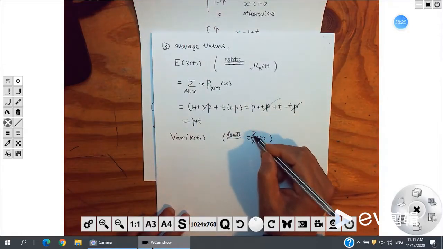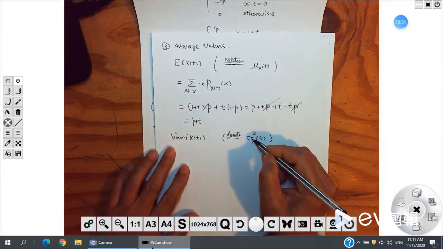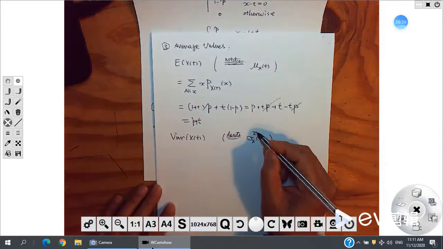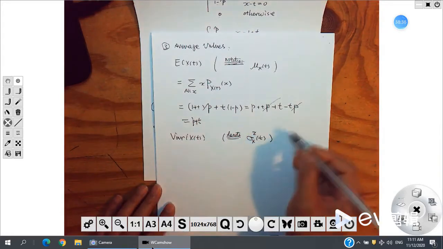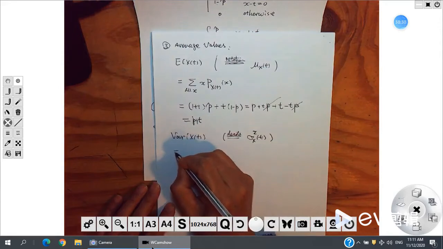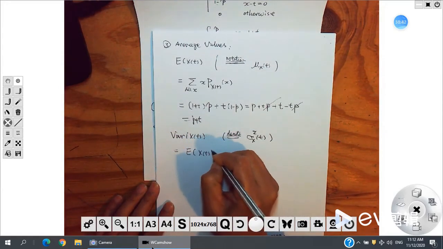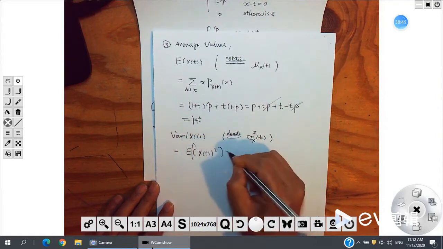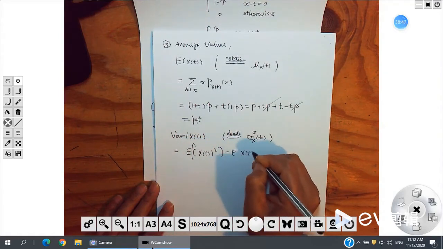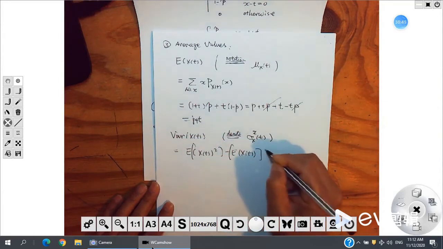This is the notation of the variance. If you remove this, there will be the standard deviation. Okay, then this one will be E of x of t squared minus E of x of t, squared, the outside square.